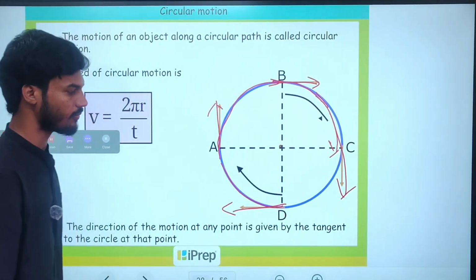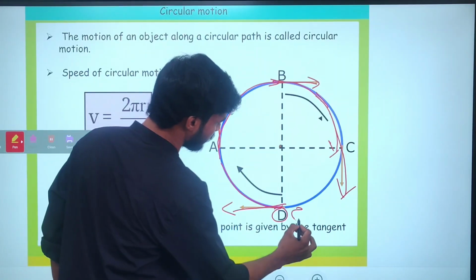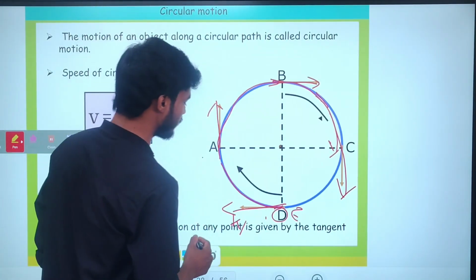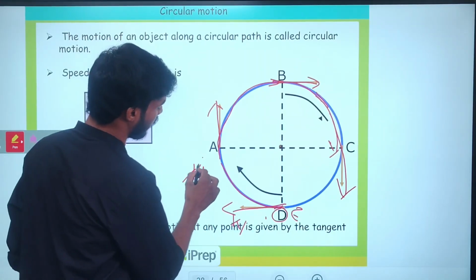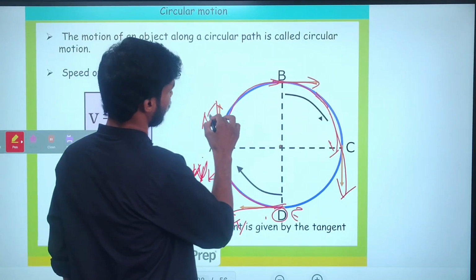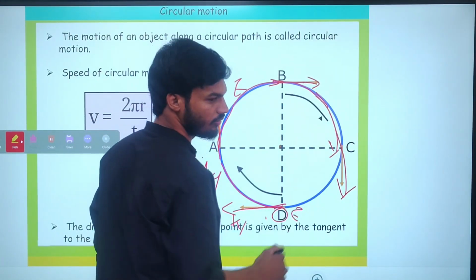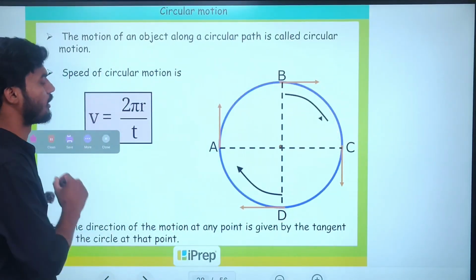Look here. From point D, the direction is from east to west. From point D to A, the direction is northeast, northwest, south and northeast, everything. Simply, the direction was changing with respect to time.